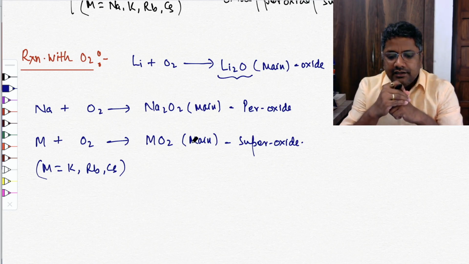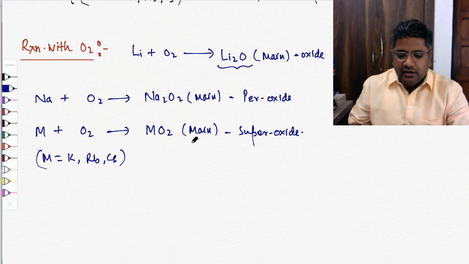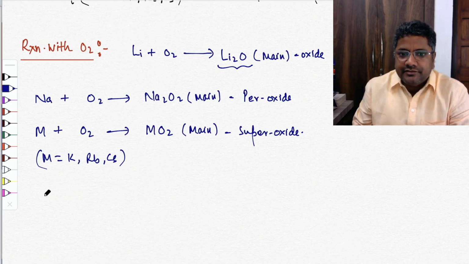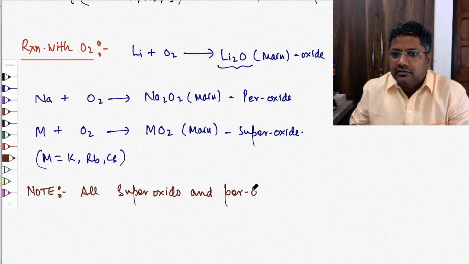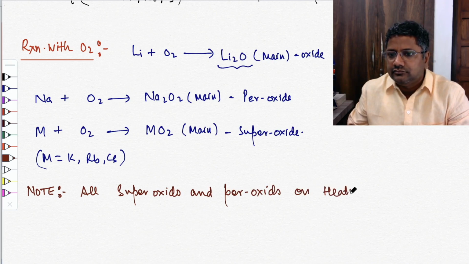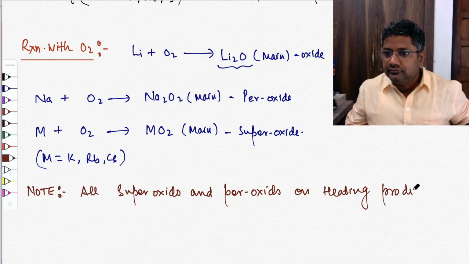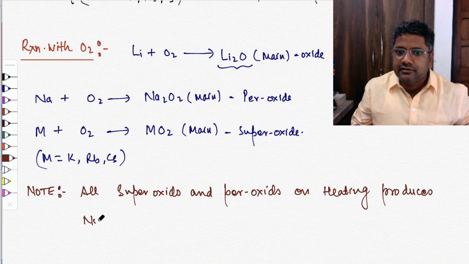So you can write here a note: all superoxides and peroxides on heating produce normal oxide, right?